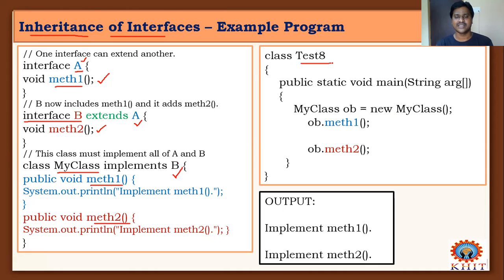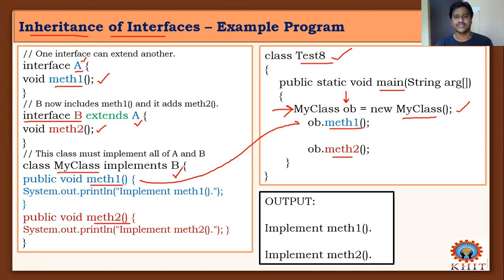Coming to the main class, the class name is Test, with the main method. And I'm creating an object of myClass. In this program, it is the instantiation of myClass, right? And using this object, we are trying to call method 1 and method 2 defined in this class.